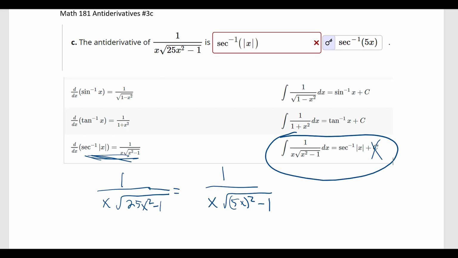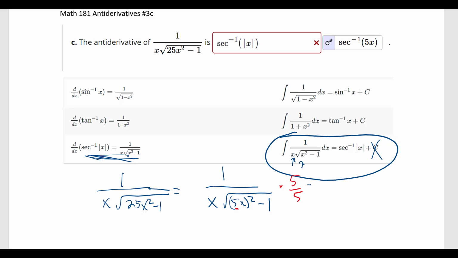For this to work, what is being squared in here must match what's out there. We have the ability to do this mathematically, to manipulate the appearance. Multiply by 5 over 5. Why 5? Because I'm trying to match what this is.